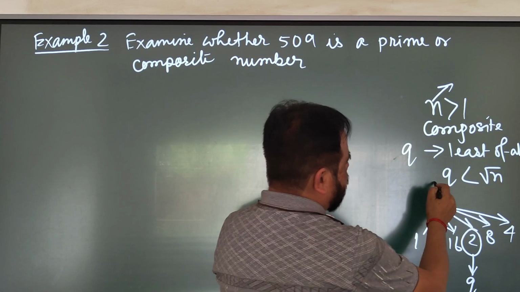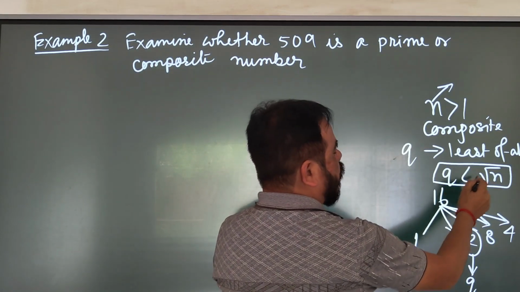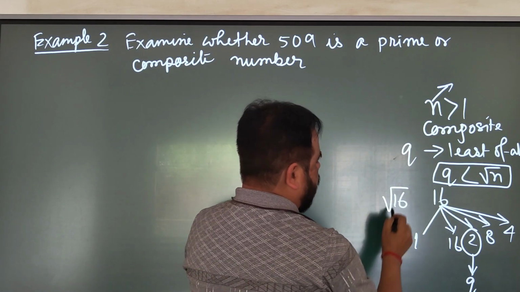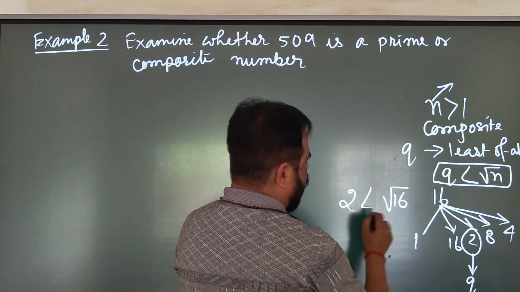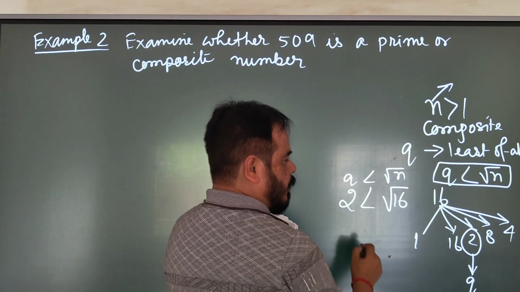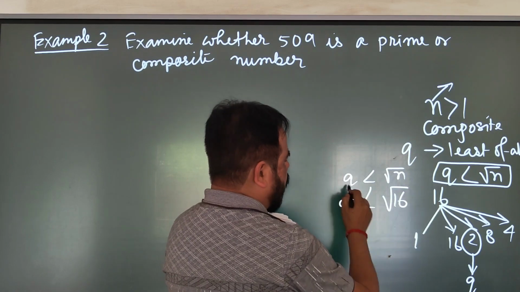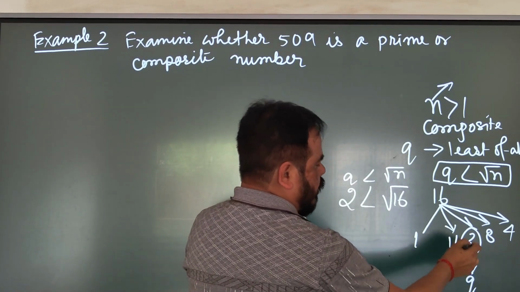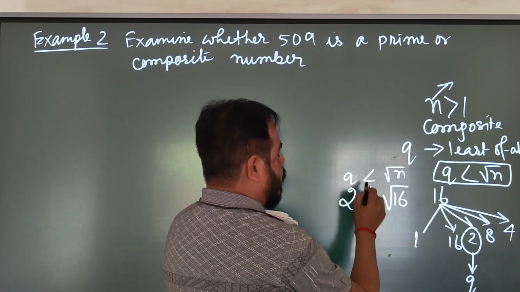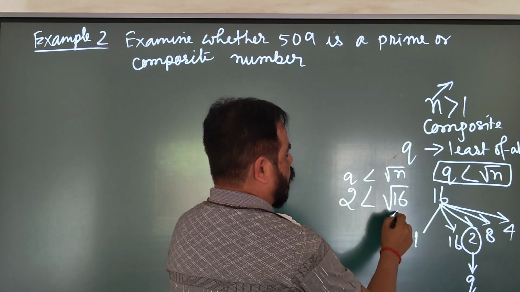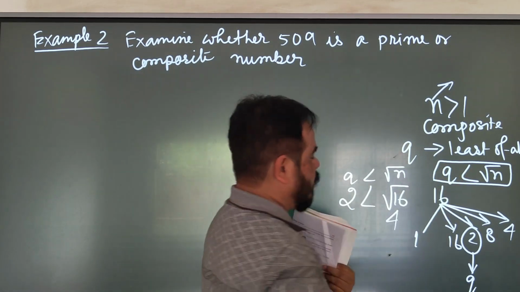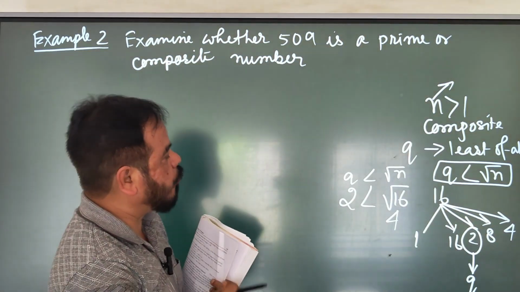Okay. q is smaller than root n. n means here 16, q means 2. n is 16, here a composite number. 2, q, is the least divisor among them. So 2 is surely smaller than root 16, because root 16 is 4. So 2 is smaller than 4. So that is okay. So this is the condition.